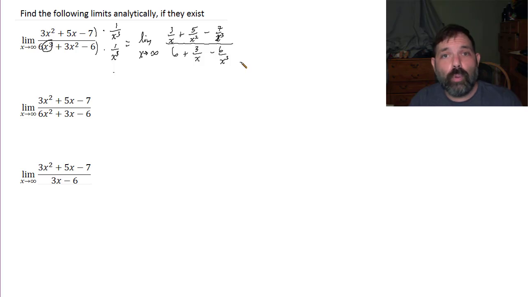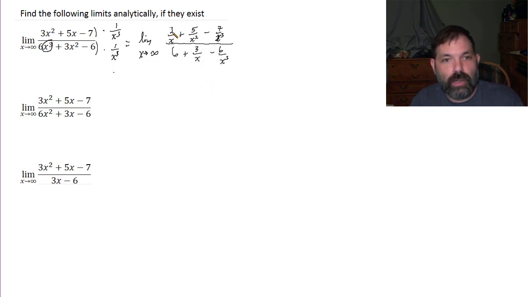Now, remembering what we saw on the previous slide, the limit at infinity of something of the form 1 over x to the n goes to 0. And so it turns out that if it's any real number over x to the n, the limit at infinity will go to 0. So what happens here?